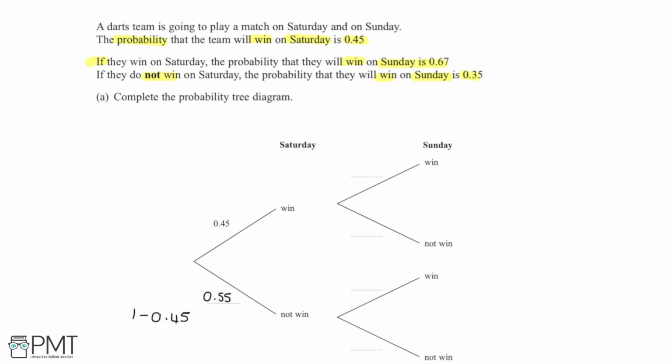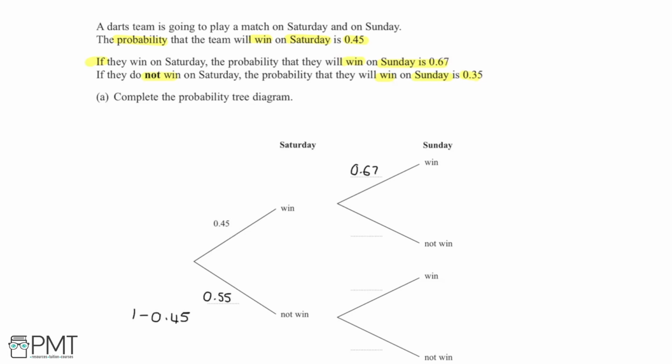Now I need to look back in the question at the information, and we're told that if they win on Saturday, so we're looking at this branch of the tree diagram now, the probability that they will win again on Sunday, so that they will win on Sunday having won on Saturday, is 0.67. So I can fill that in this box here.